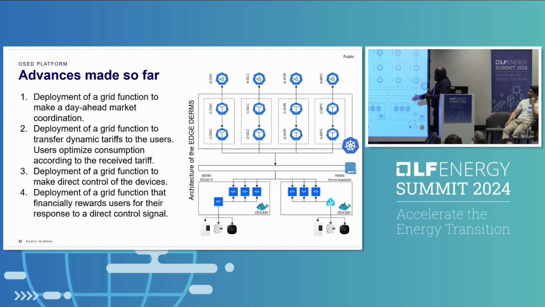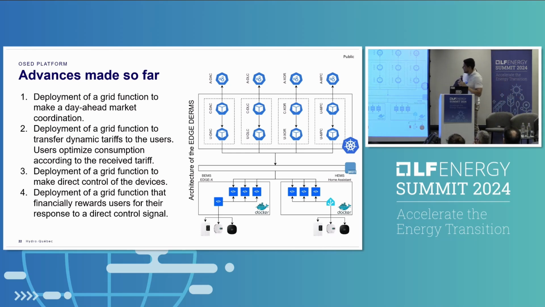We use this architecture for EDGE DERMS, and we are containerized. We are working on deploying a grid function to make direct control of the device, and we deploy the grid function that financially rewards users to respond to the direct control signal. So I will let Juan continue with a small demo.